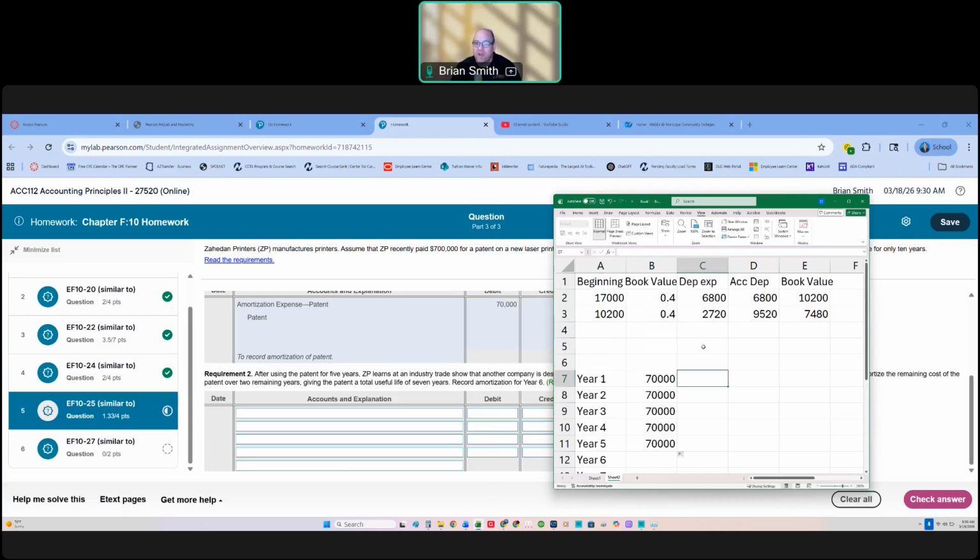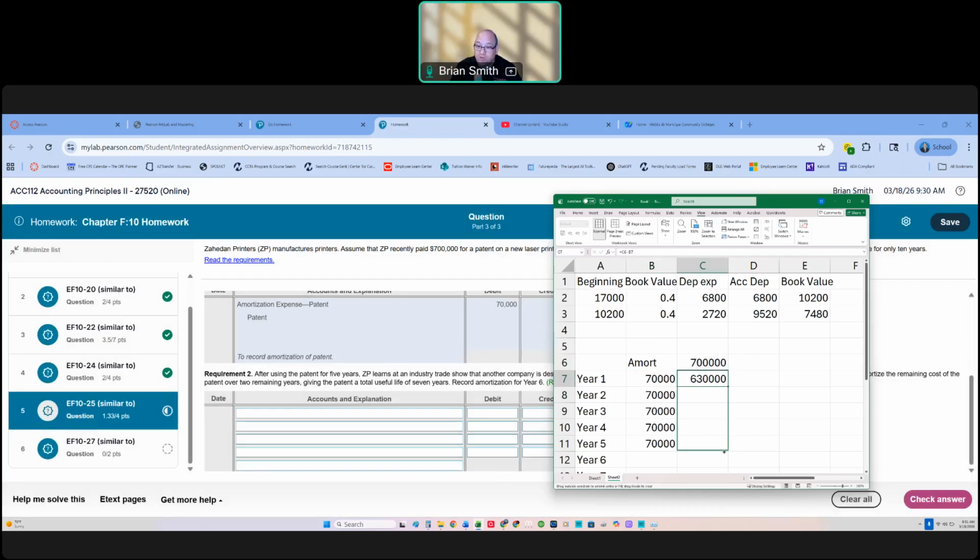So our accumulated amortization, actually, let's use patent. So we don't have accumulated amortization. So our patent was 700,000. So we're going to take this minus this, and then we're going to drag that down.